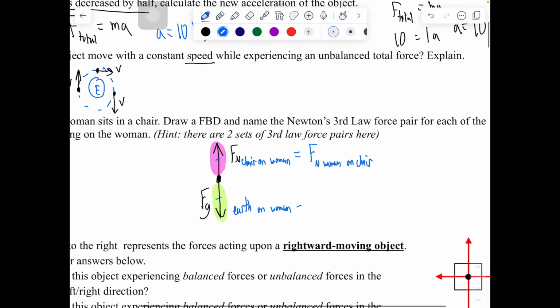And the pair for the Earth pulling the woman down would be the force of gravity of the woman pulling the Earth up. Not the chair, I am misspeaking. So even though these forces are balanced, the normal force and the force of gravity, they're not a third law pair.